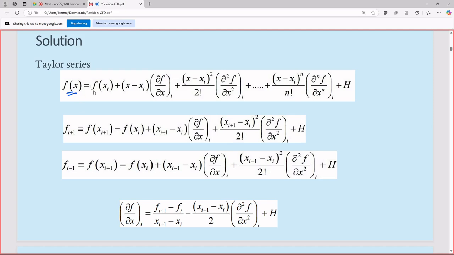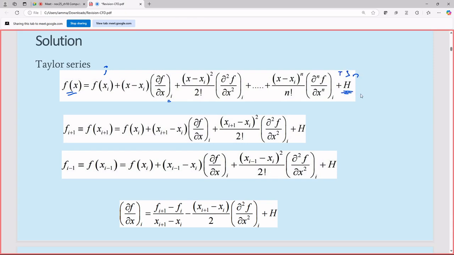That is, f(x) can be approximated with f(xi) plus (x - xi) ∂f/∂x at i, plus (x - xi)² by 2 factorial into ∂²f/∂x² at i, plus and so on, up to the nth term, which will be (x - xi)^n by n factorial into ∂^n f/∂x^n, plus higher order terms, which will include all the terms greater than n.